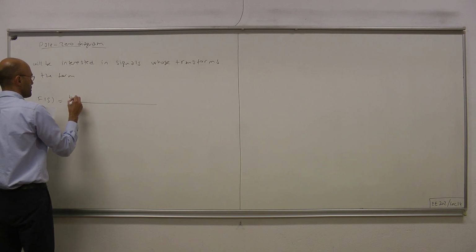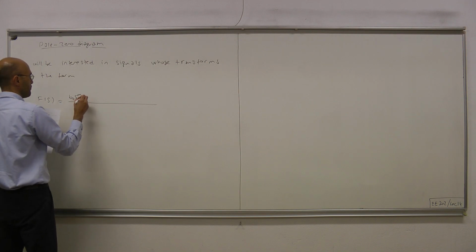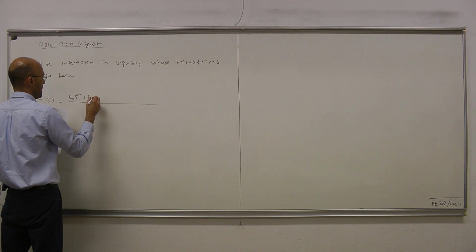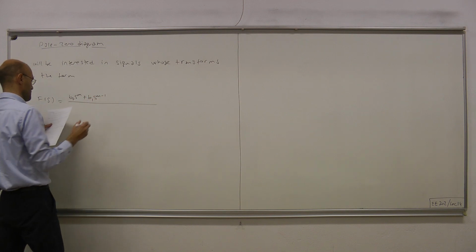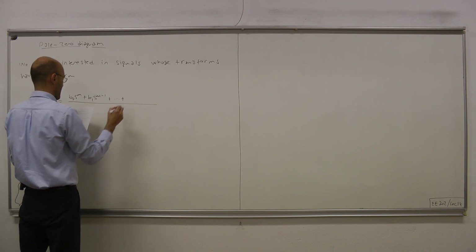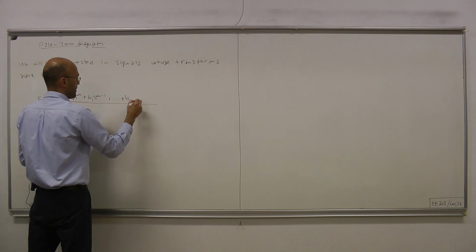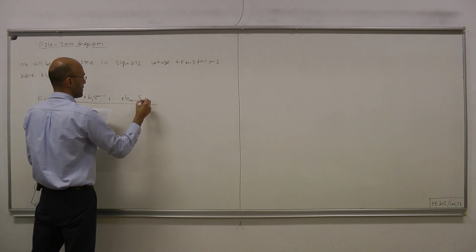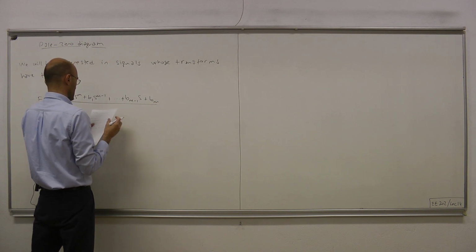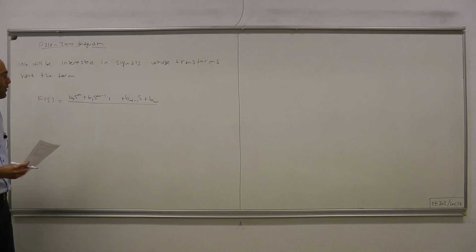So let's write the numerator polynomial first: b0 s to the m, plus b1 s to the m minus 1, and so on, up to b m minus 1 s plus b m.